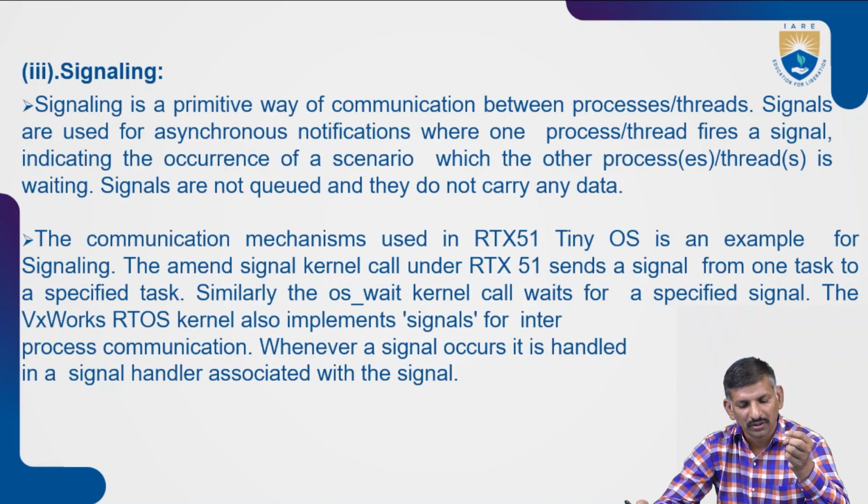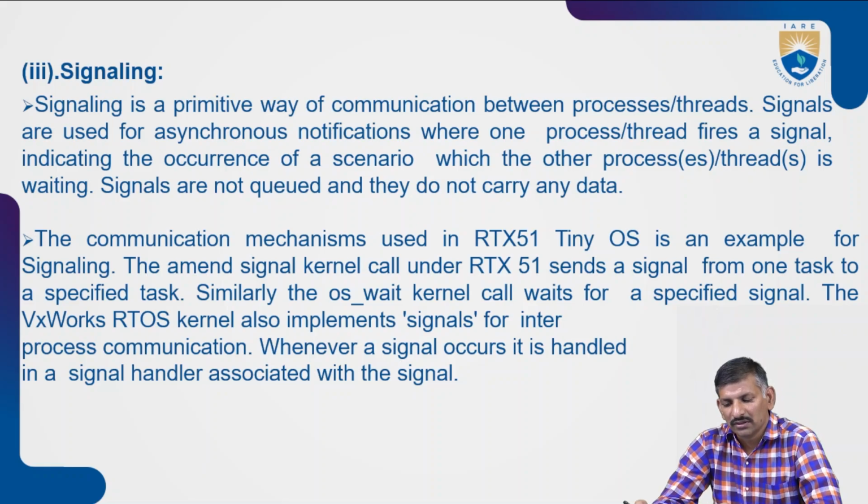The communication mechanisms used in RTX, real-time Linux, RTX 51, the TinyOS operating system, is an example for signaling. The OS send signal kernel call under RTX 51 sends a signal from one task to a specified task.